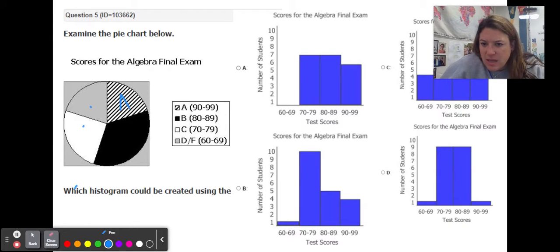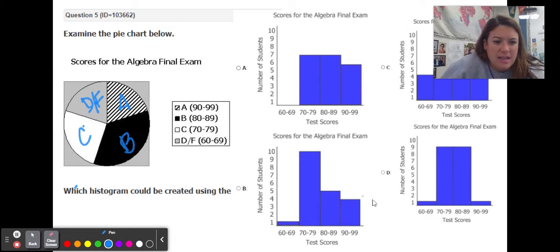So it looks like these are the A's, this is the B, this is the C range, and this is the DF range. So it's definitely not D because the 90 to 99 range looks a lot smaller than those two, and they're supposed to be the same.